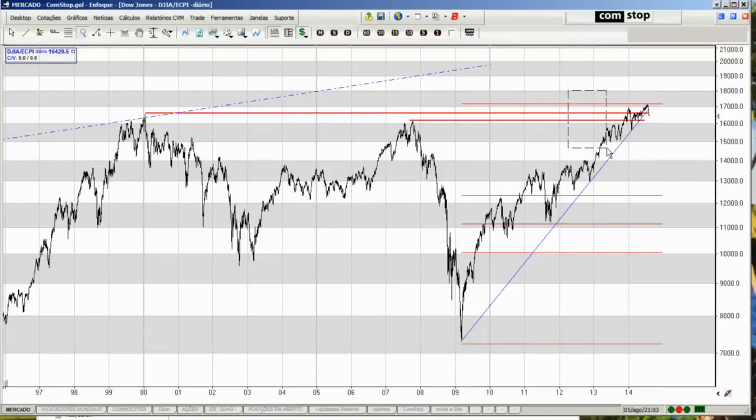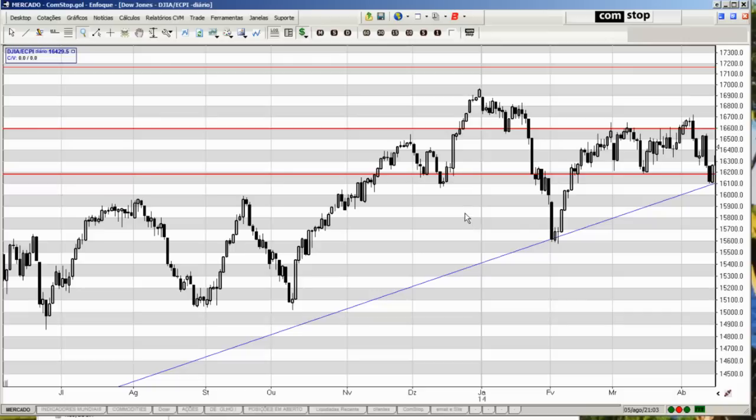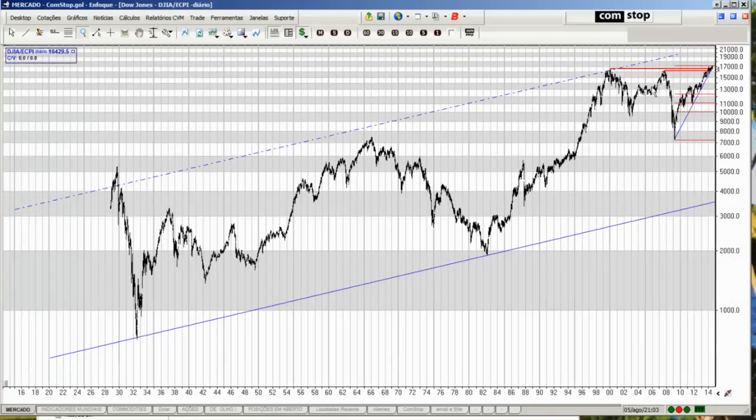Now, what I think is the most important indication that technical analysis can ever provide us is a situation in which a very important resistance level like this one is broken, and then the market re-enters below the resistance level. And this is more important the more important the resistance level was.